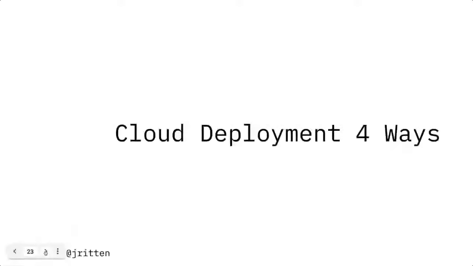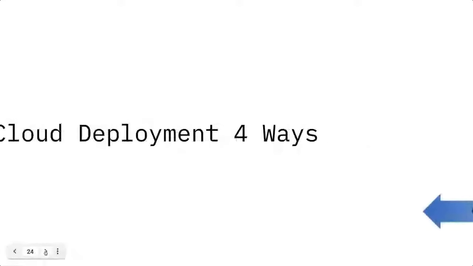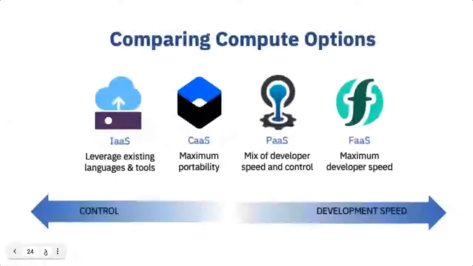So what we're going to start with is cloud deployment 4 ways, right? There are 4 main cloud deployment models, 4 main computing options, that we're going to focus on today. First we have IaaS, short for infrastructure as a service.